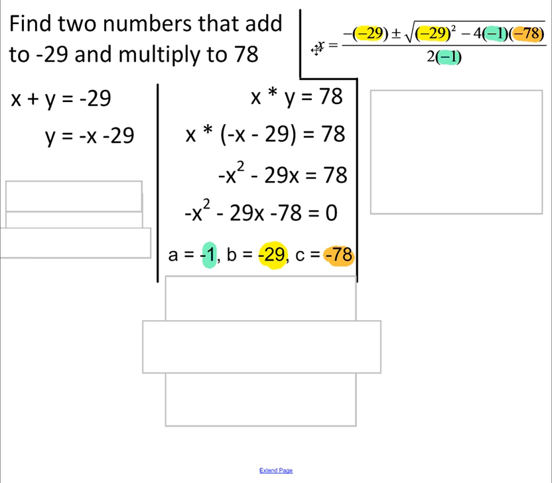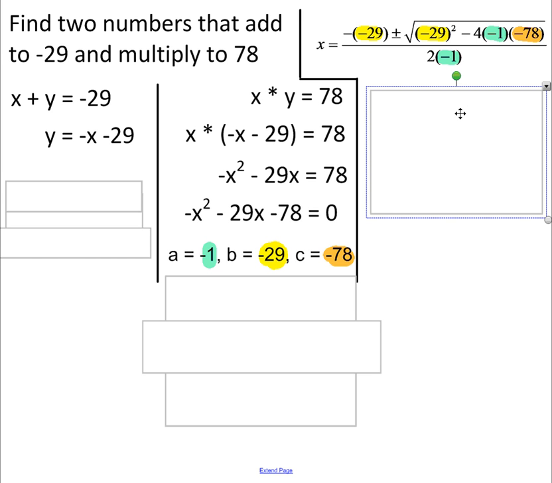Of course we're solving for x, so x equals the opposite of that b term, negative 29, plus or minus the square root of b squared, so negative 29 squared, minus 4 times a, which is negative 1, times c, which is negative 78, all of that over 2a, or 2 times negative 1.